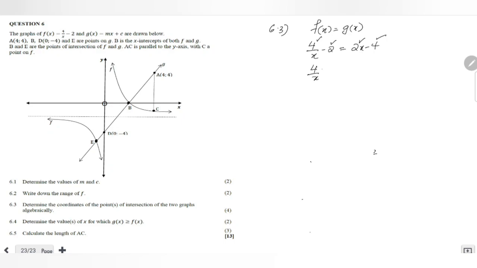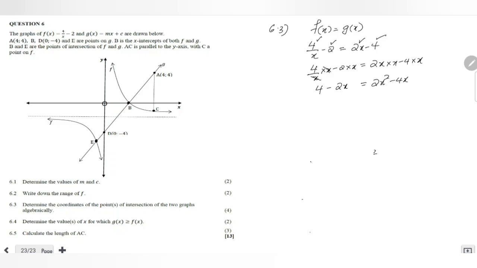4 over x times x minus 2 times x is equal to 2x times x minus 4 times x. After that you can cancel. See, the rest of the items we can do it easily. That is, 4 is here, minus 2x is equal to 2x square minus 4x.